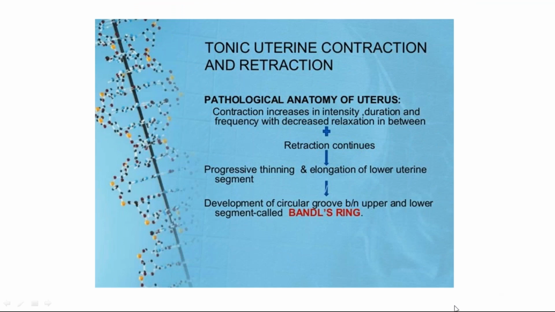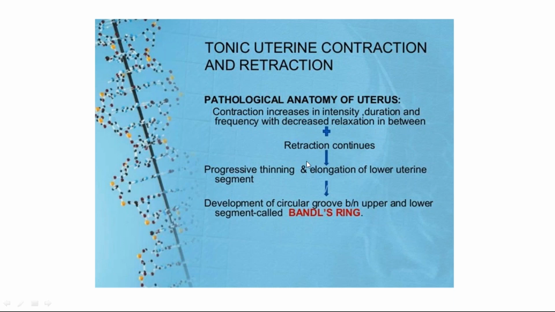Next comes the tonic uterine contraction and retraction. That is what happens in obstructed labor. That is Bandl's ring, the pathological retraction ring. So this is a pathological anatomy where the contractions increase in intensity, duration, and frequency with decreased relaxation in between.